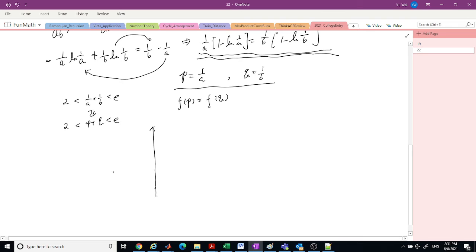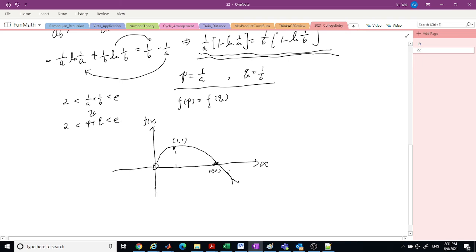Okay, so here is the picture. Here is f(x). It passes through (0, 0), (1, 1), and (e, 0). So its curvature will be negative.